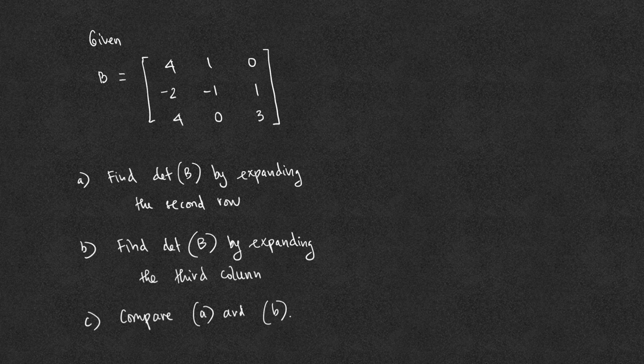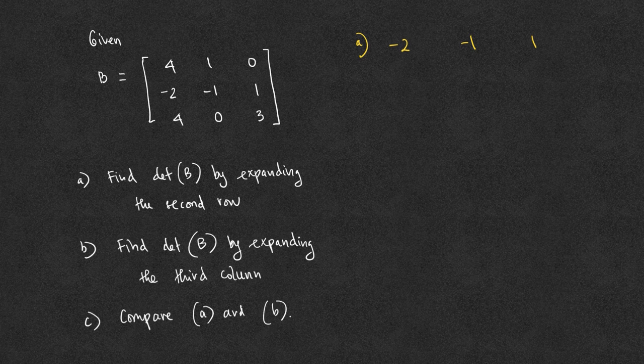First, if we use the second row to find the determinant of this matrix, then we would use the coefficients -2, -1, 1. -2 comes from the entry in row 2, column 1.